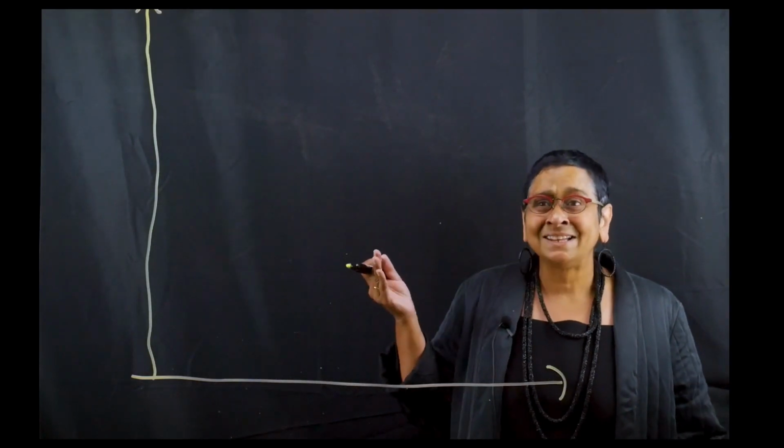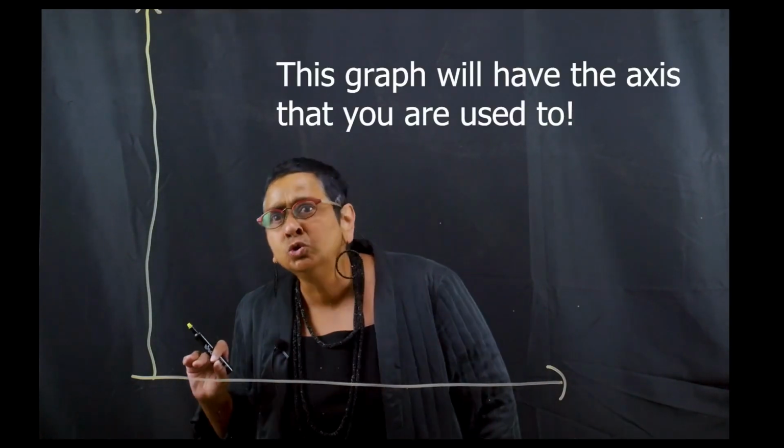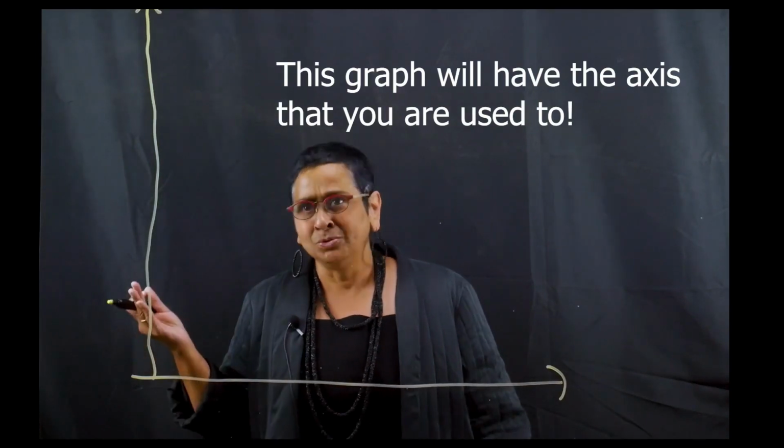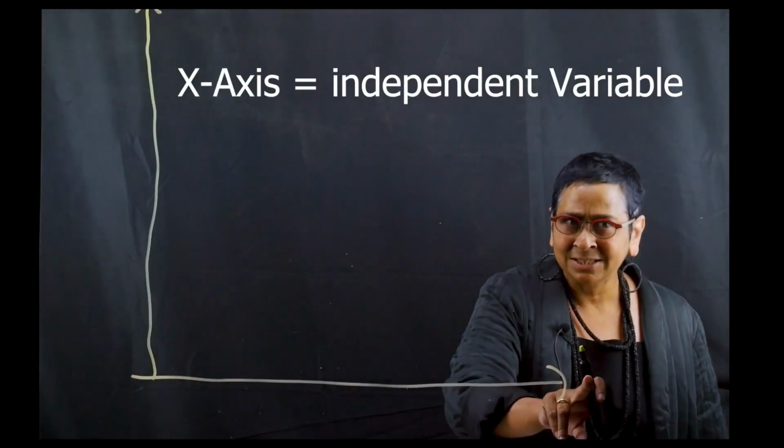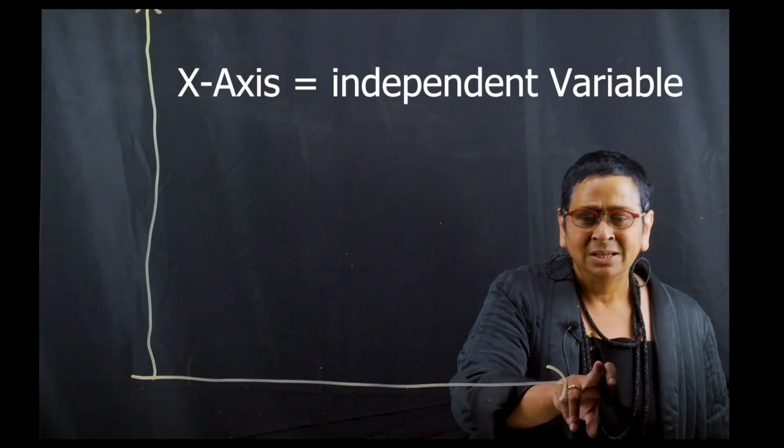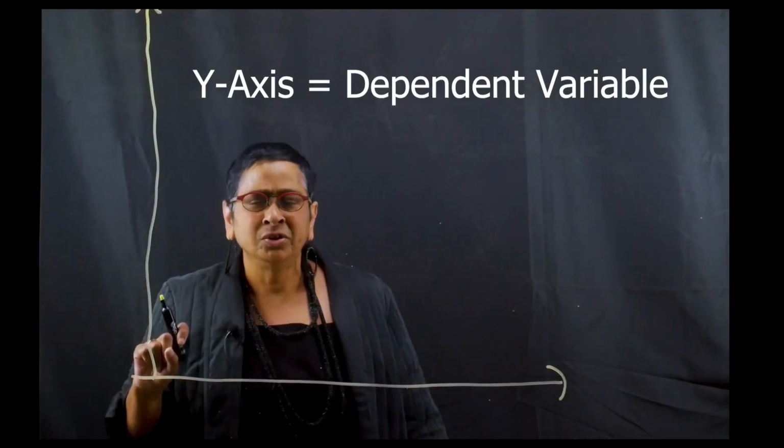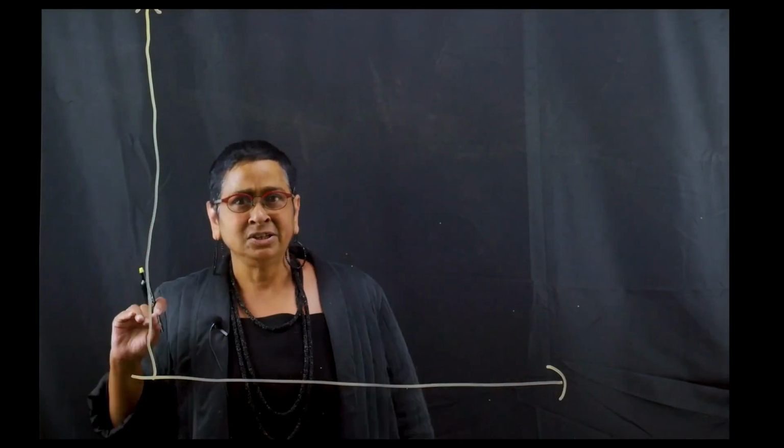And that means that while that graph had the axes flipped for historical reasons, this one's going to have the usual axes that you're used to, where the x-axis is going to be the independent variable and the y-axis is going to be the dependent variable, all right? So that's the first thing to remember.